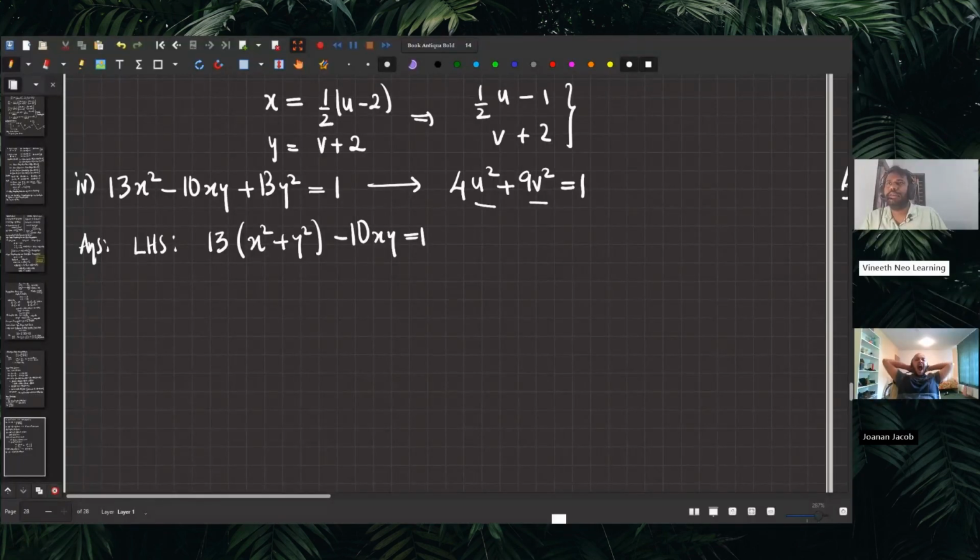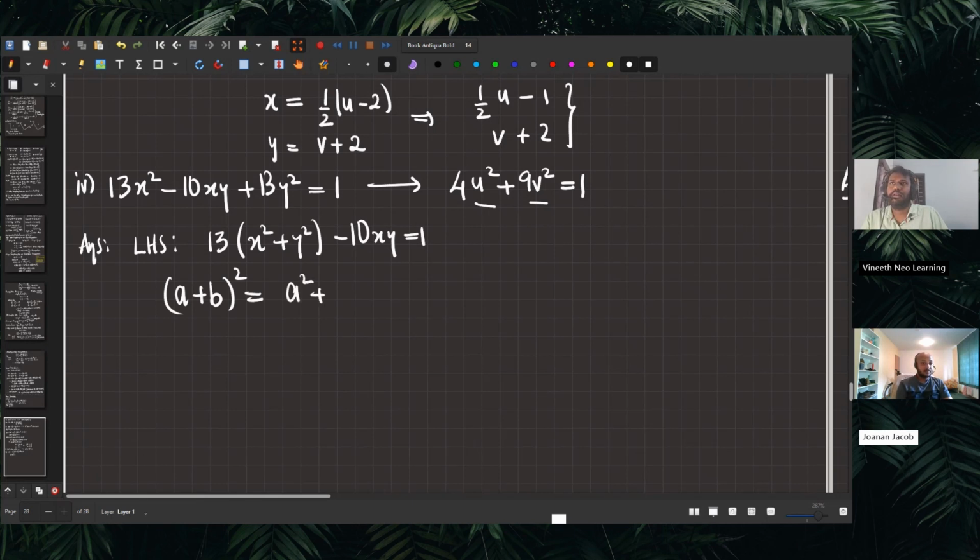What are the basic binomial identities? We have (a plus b) the whole square is equal to a square plus 2ab plus b square, or a squared plus b squared plus 2ab. Then (a minus b) squared equals a squared plus b squared minus 2ab.